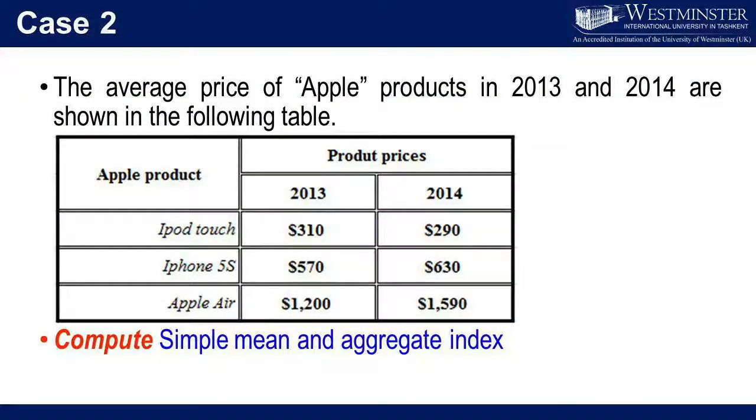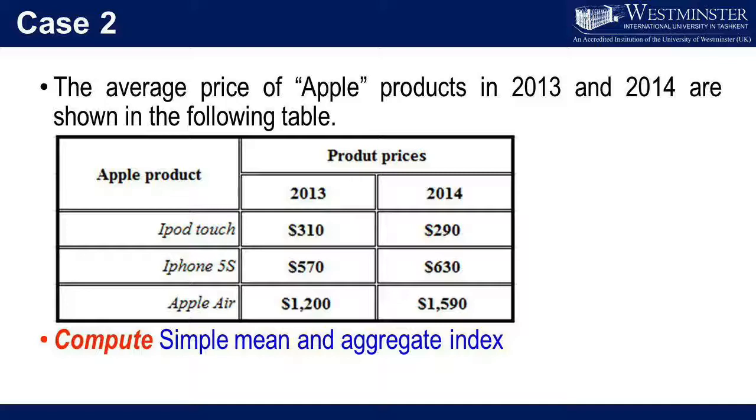Let's consider case 2. The below table gives the average price of Apple products in 2013 and 2014. In order to calculate the change of average prices over 1 year of Apple products, we have to compute simple mean aggregate index.